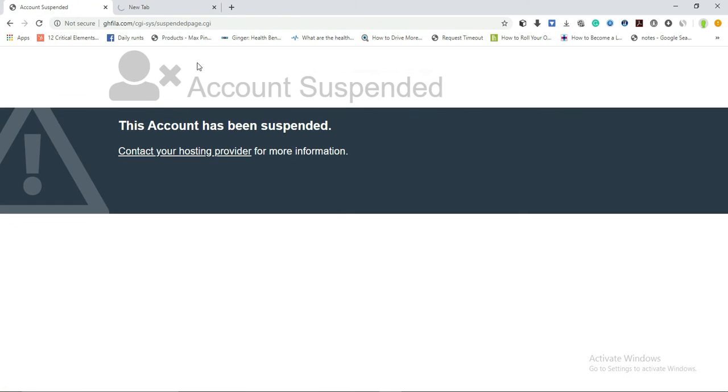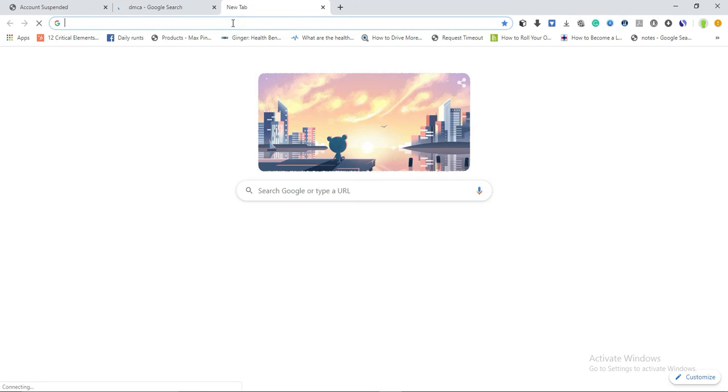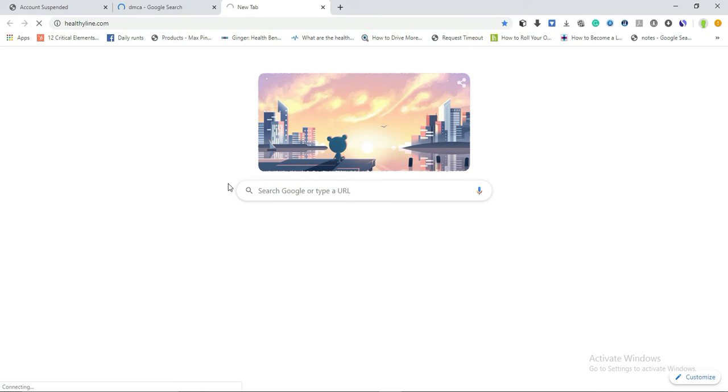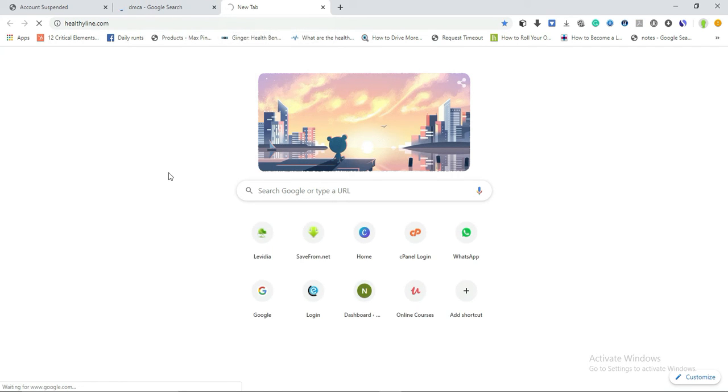But with this particular website, the problem I found was that this person was picking information from this particular website called healthyline.com, and healthyline.com happened to have this digital media content agreement on their website.